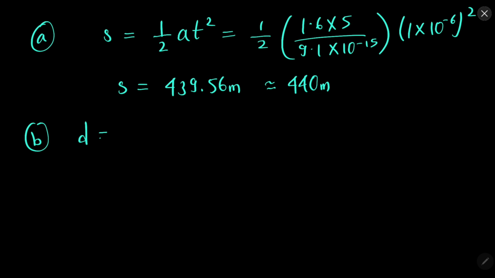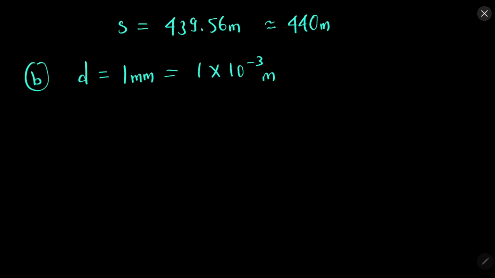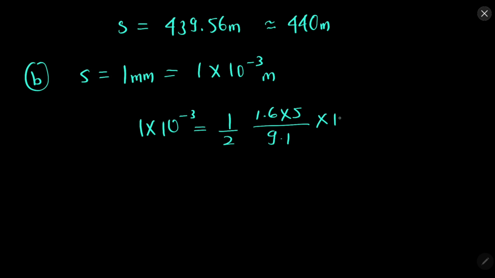B part, D is 1 mm, that is 1 into 10 to the power minus 3 meters. So in this case the distance is 1 into 10 to the power minus 3, it is given half, then again acceleration 10 to the power 15 into t square.